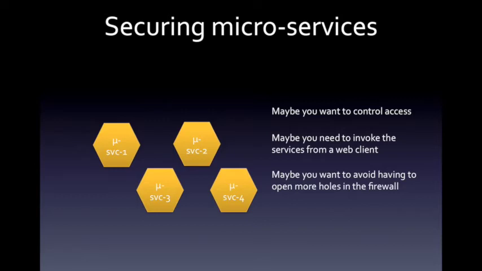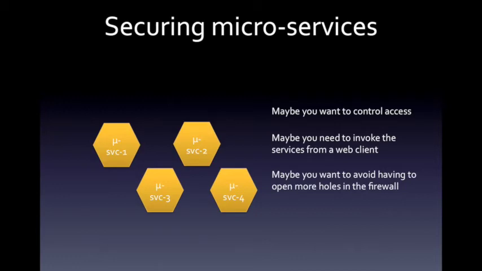Again, following the principle of encapsulation, which we touched on briefly, the fact that you're using microservices should really be hidden from view. And there are other good reasons why you may not want to expose your microservices individually. You may want to control access through a single point of entry into the system.